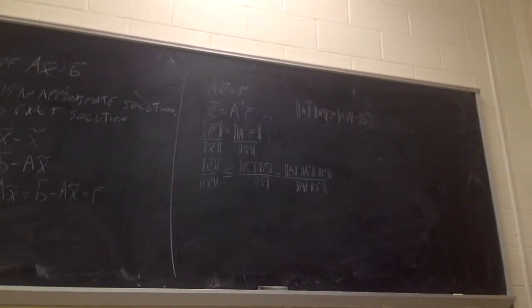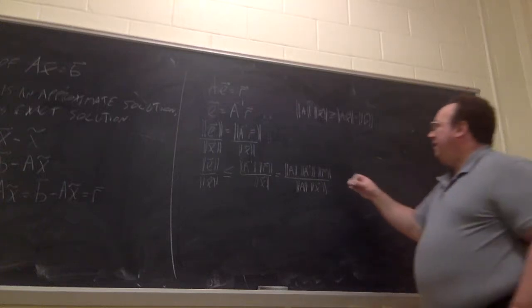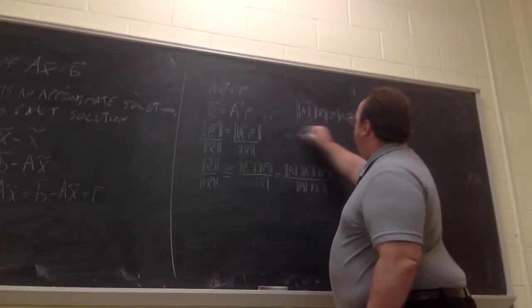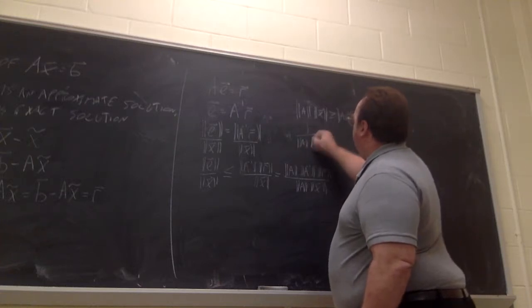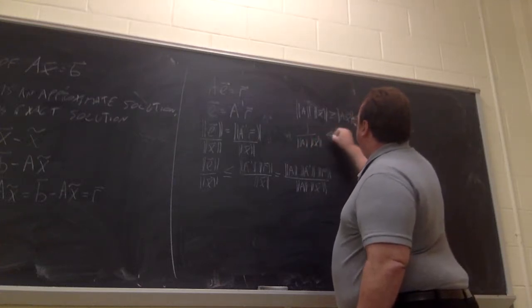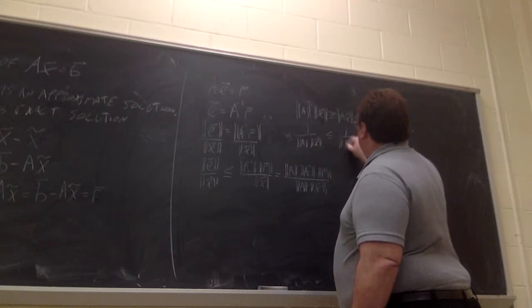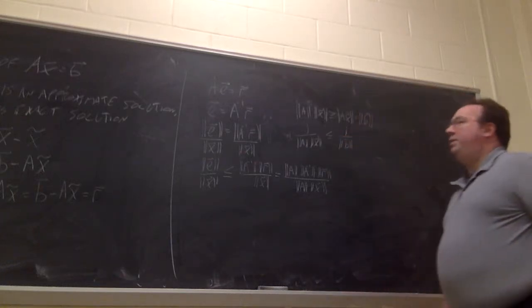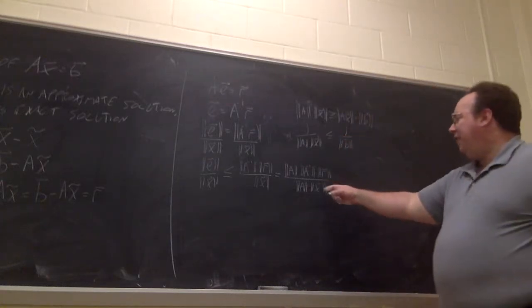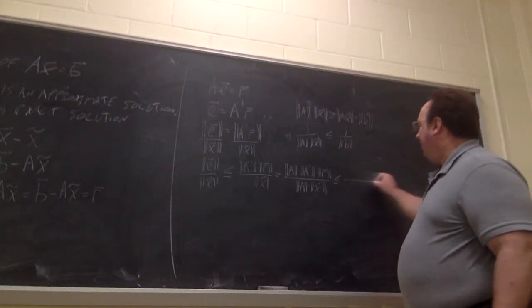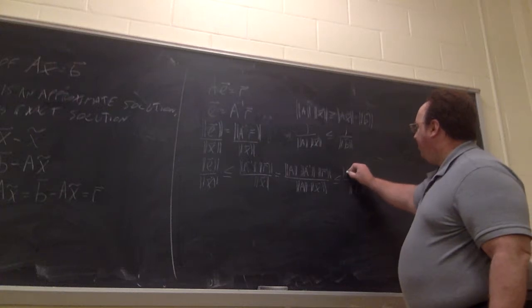All right. But that means if I take 1 over both sides, that means 1 over norm of A times norm of x is less than or equal to 1 over norm of b. So that means I'm allowed to replace the denominator by norm of b as long as I use less than or equal to, which I'm using anyway.